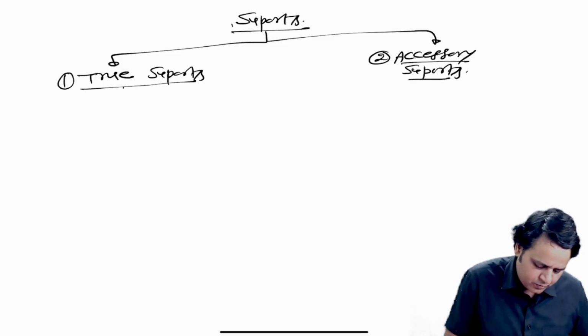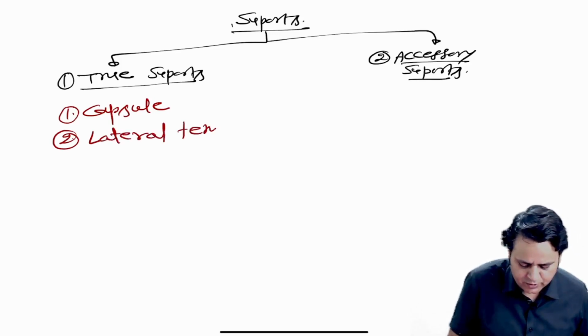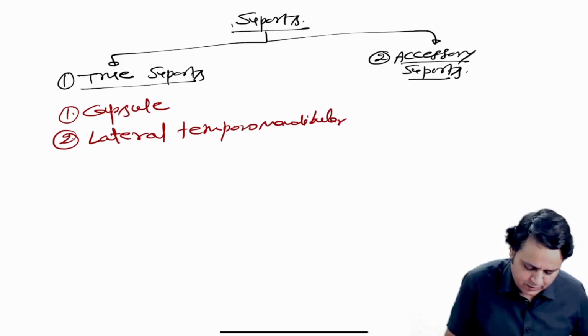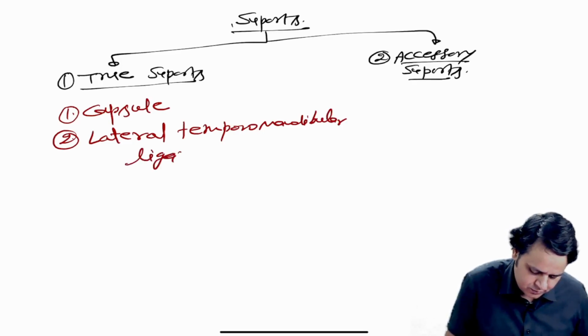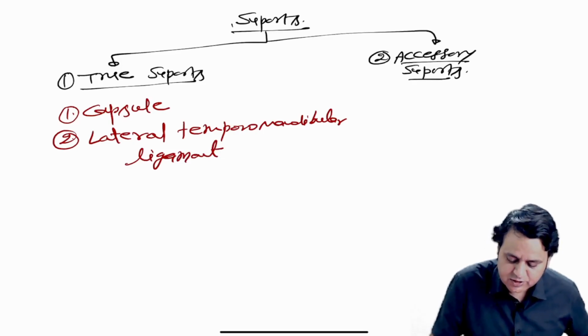In the true support there are two: one is the capsule, second is the lateral temporomandibular ligament. And accessory support, you just write down the name.